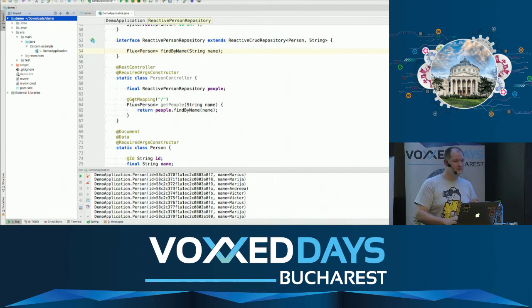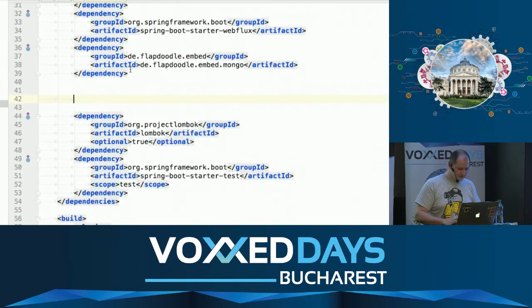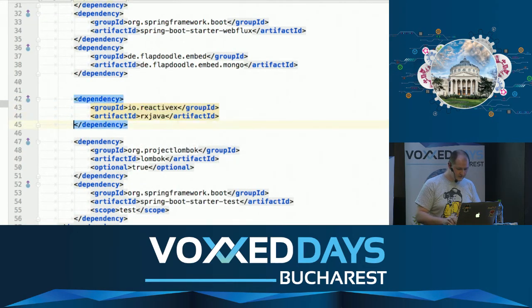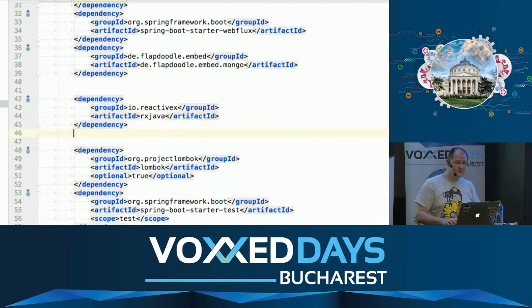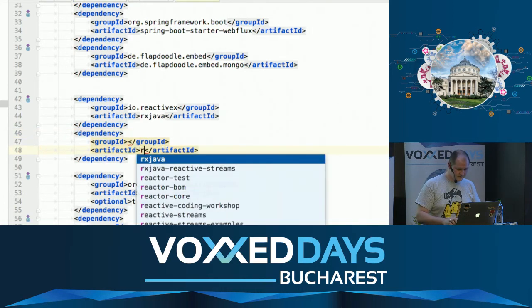If your team is comfortable with using RxJava, simply add two dependencies: the first is RxJava, the first version. The support for the second version of RxJava is about to be merged in the next couple of days, so we are progressing on that front a little bit.